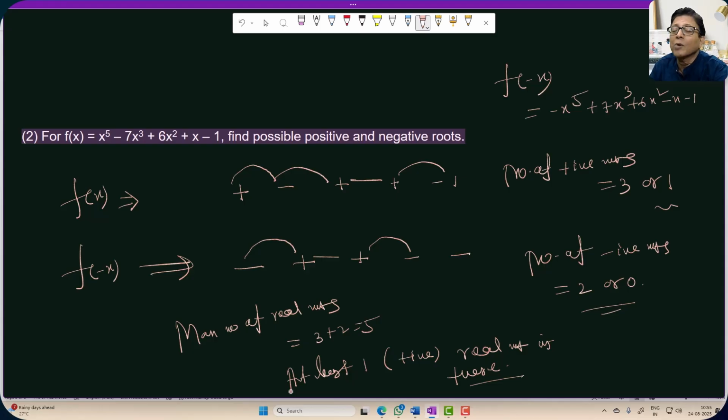If you want to find the location of a root, then you go by the intermediate value theorem. See how many sign changes there are in between two given real numbers. You can take 1, 2, you can take minus 1. Normally we start with integers, but there is a possibility that there may be roots between 1.1, 1.2.